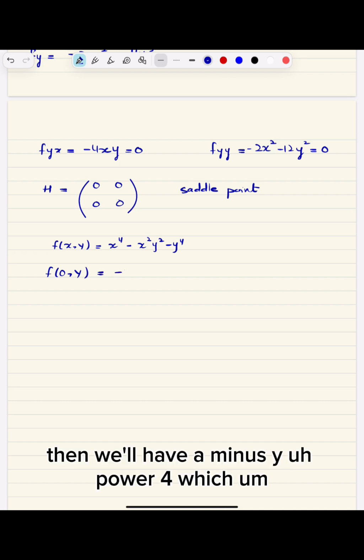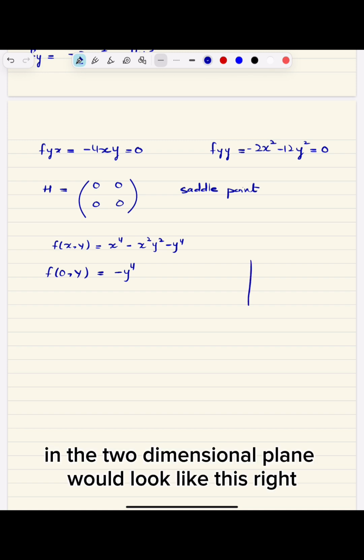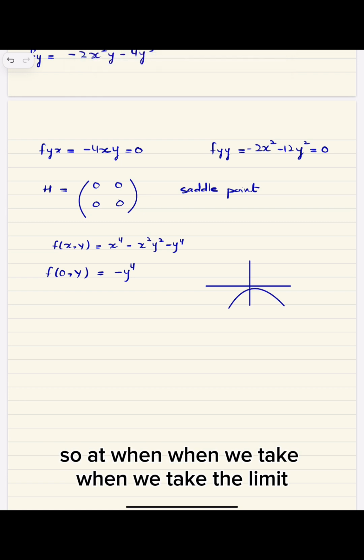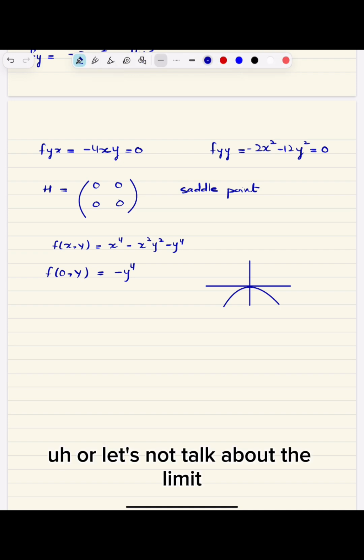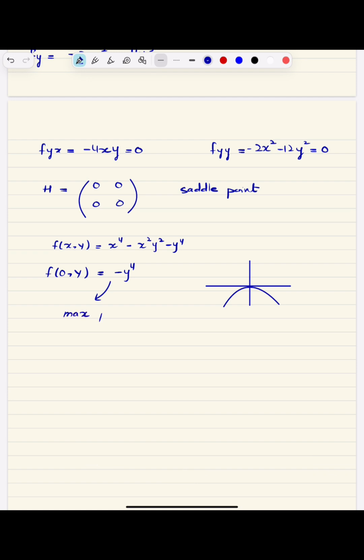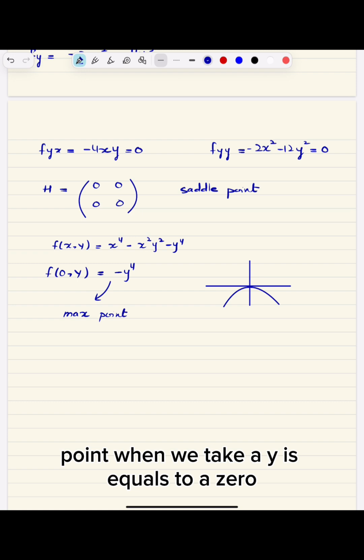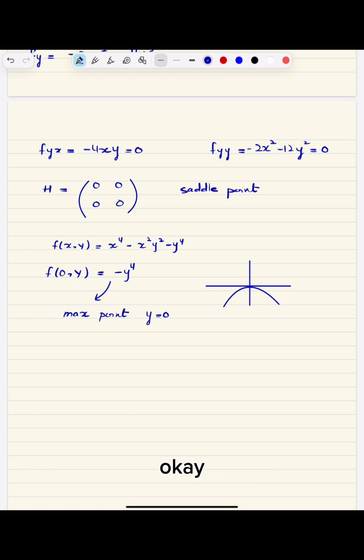Then we'll have a minus y power 4, which in the two-dimensional plane would look like this, right? When we take the limit, or let's not talk about the limit, this graph has a maximum point when we take y equal to 0.